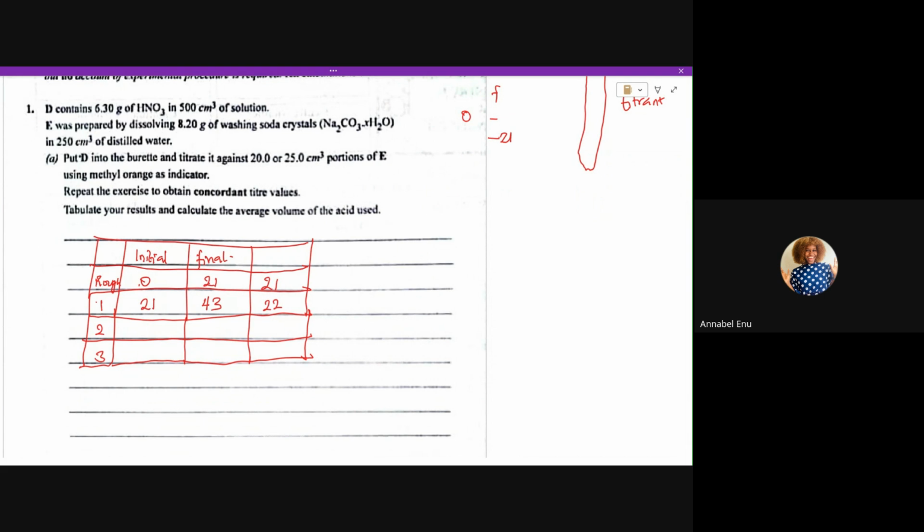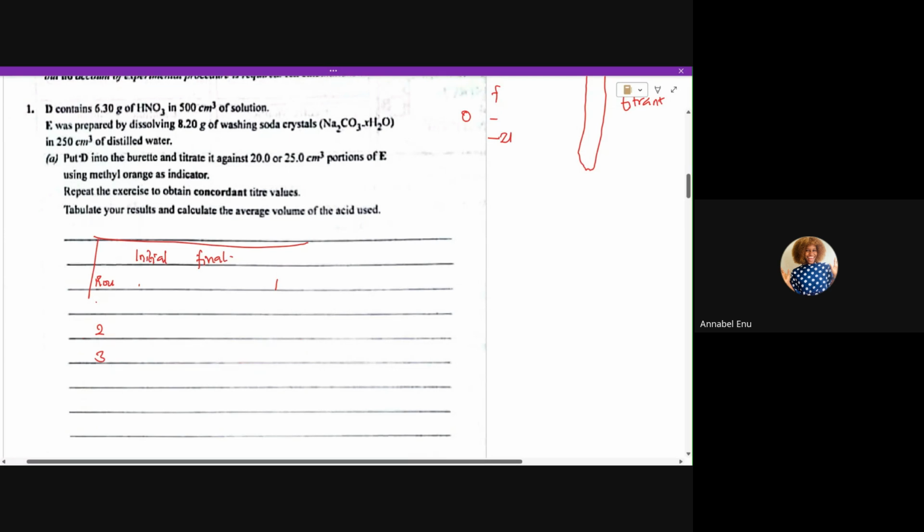That is whatever is in the burette. So we want to get the volume of that thing. Okay. So we're going to be formulating some readings here, since this is an online class and we didn't carry out any titration process exactly.